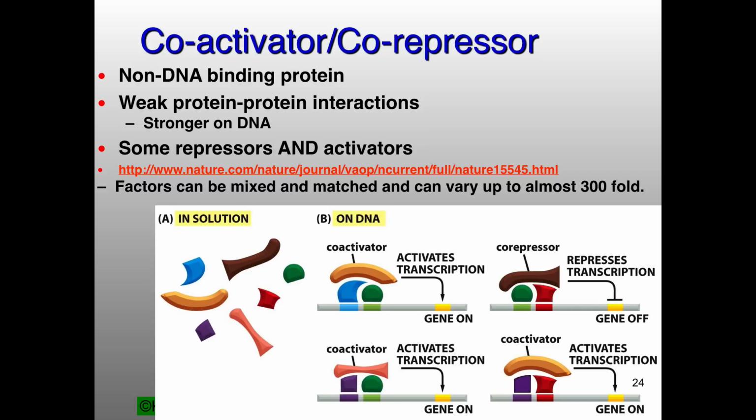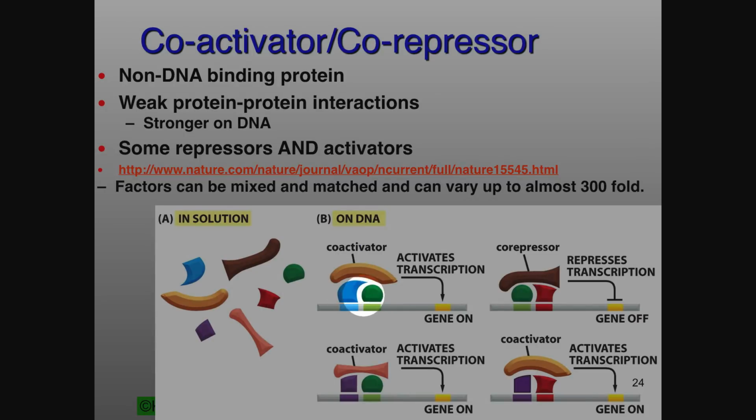They will bind to DNA, but only through other proteins. So if you've got DNA binding proteins like this, they in and of themselves don't serve as a gene regulatory protein. They only serve as a gene regulatory protein together with some kind of co-regulator.